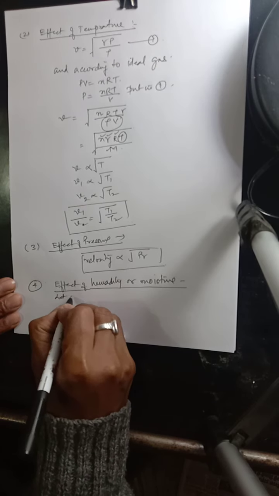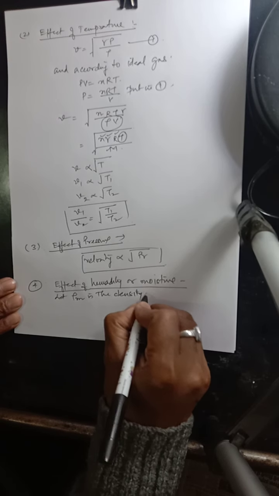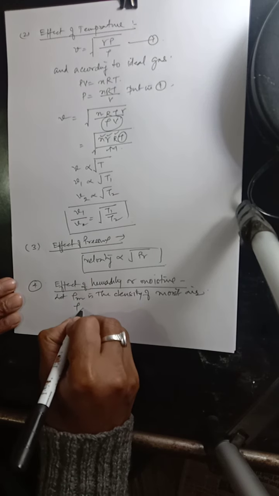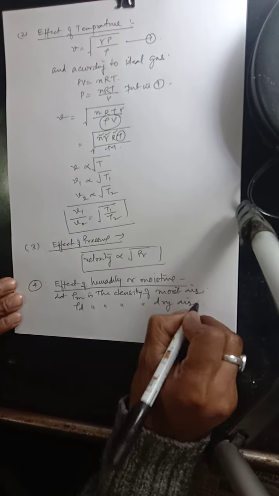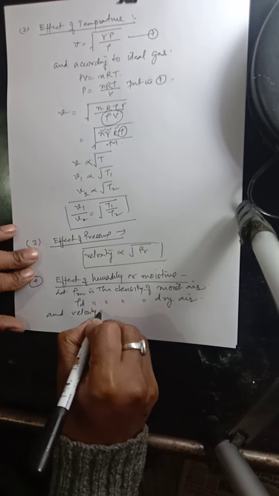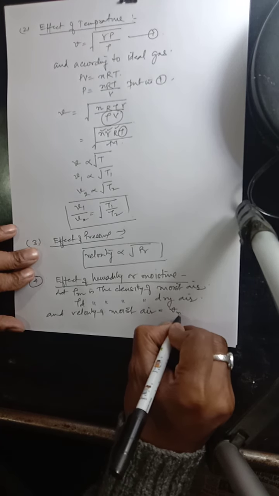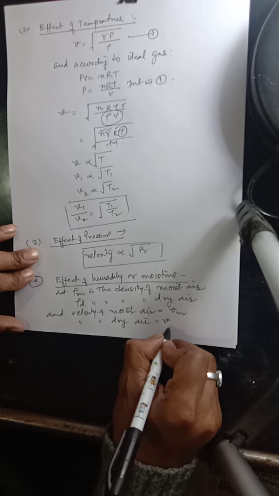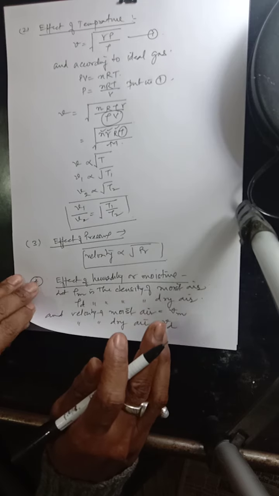For this, let rho m be the density of moist air and rho d be the density of dry air, and the velocity of the moist air is Vm, and the velocity of dry air is Vd. D stands for dry, M stands for moist.